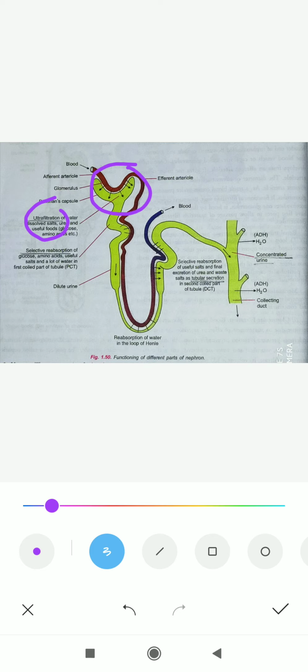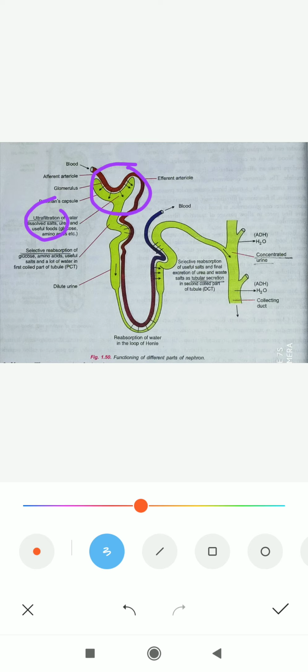From this part, the filtrate moves downward towards the next part of the nephron, that is the proximal convoluted tubule.